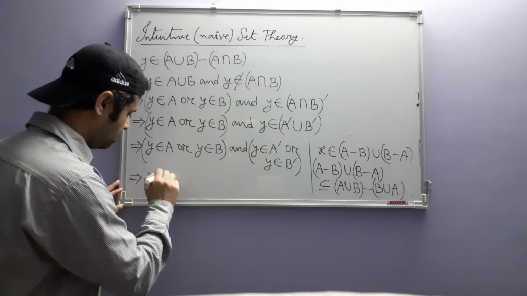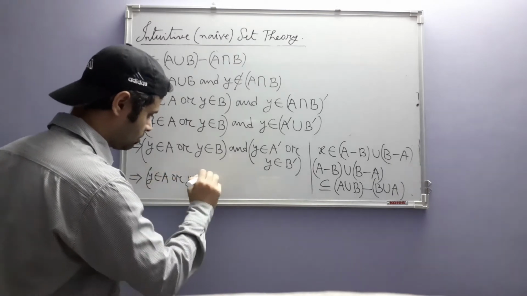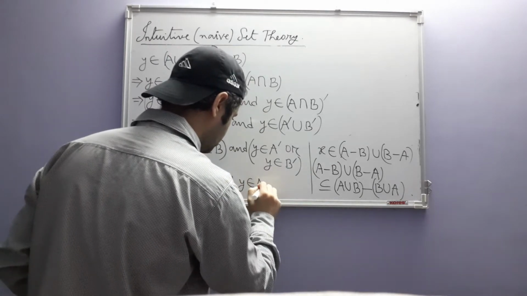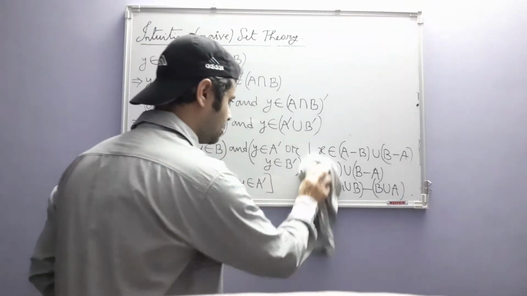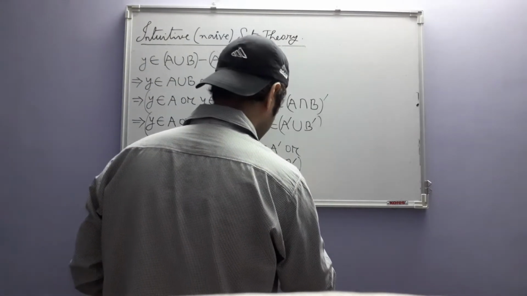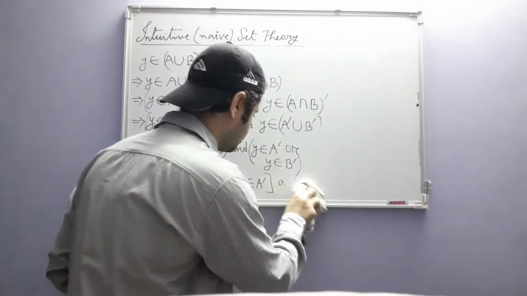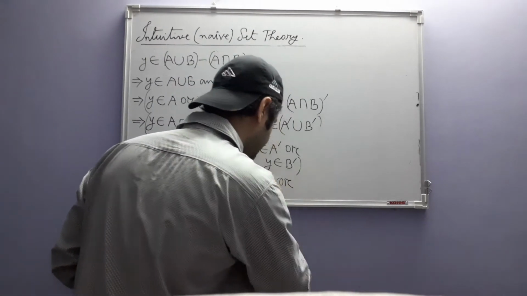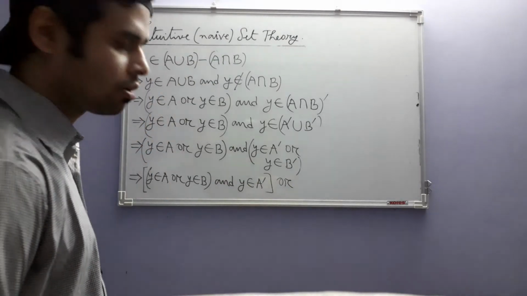So Y belongs to A or Y belongs to B and Y belongs to A complement. This is one thing, I need space, and or. See, these things are very confusing if you are not paying attention while carrying out these things, as there will be some simple mistake and that will make the whole thing obsolete.